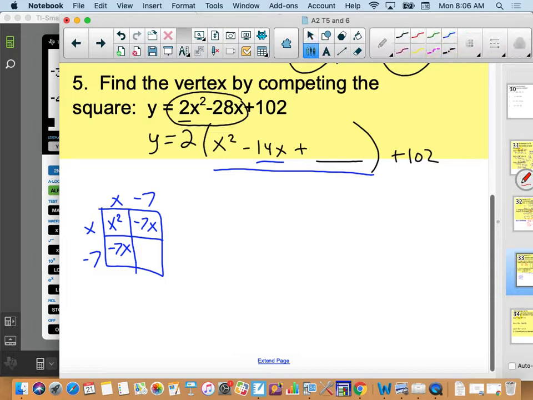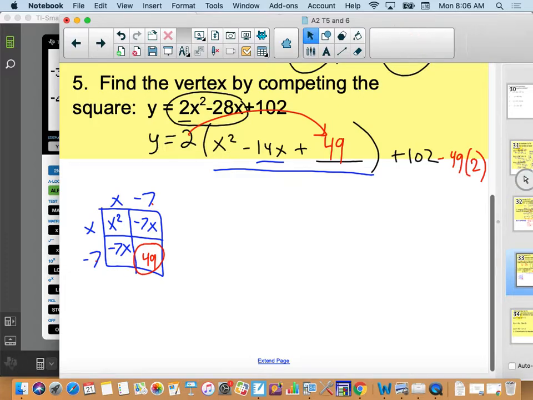So to complete the square, we're missing this part, which is negative 7 times negative 7, or positive 49. So I'm going to put a 49 here to complete the square. But then that 49 was not in the original problem, so I'm going to subtract 49 over here to balance it. However, then I remember that this 49 I added actually gets doubled because of that 2, so I'm going to subtract double 49 to balance it.